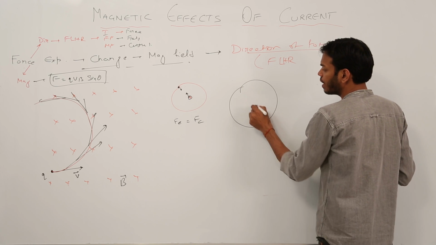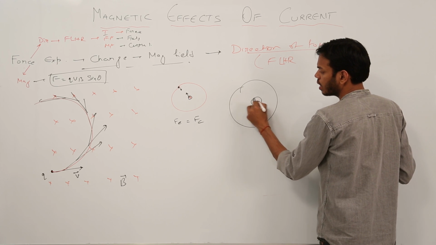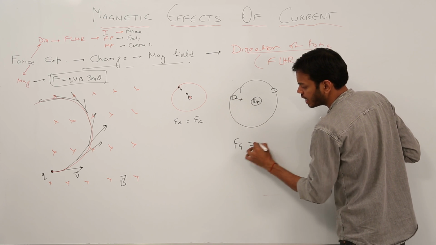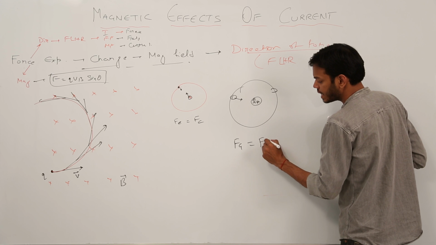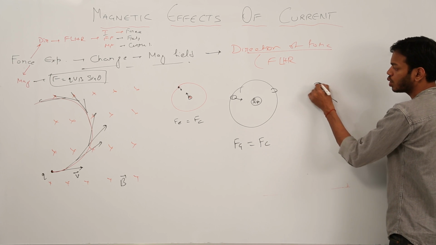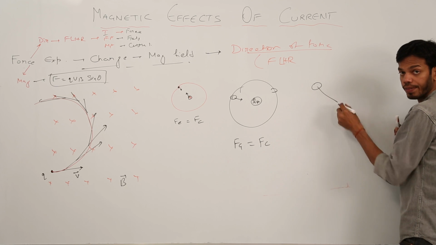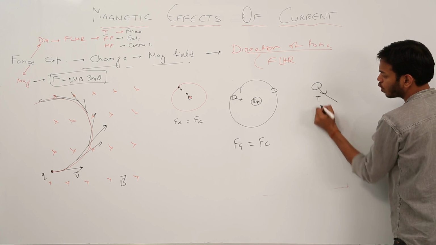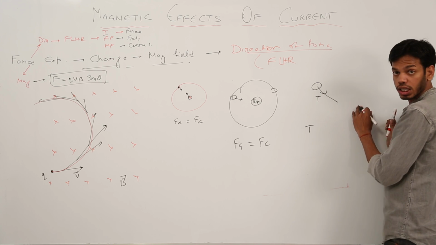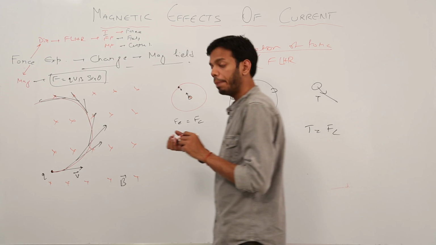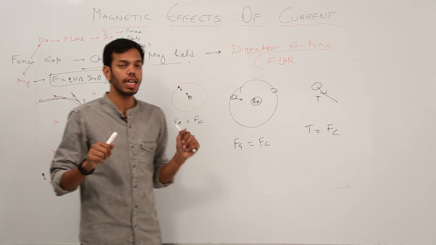When planets are revolving about the sun, then the gravitational force of attraction is providing the necessary centripetal force. When I tie a stone in a thread and I revolve it like this, then the tensional force produced in the string provides the necessary centripetal force. So make this point very clear.